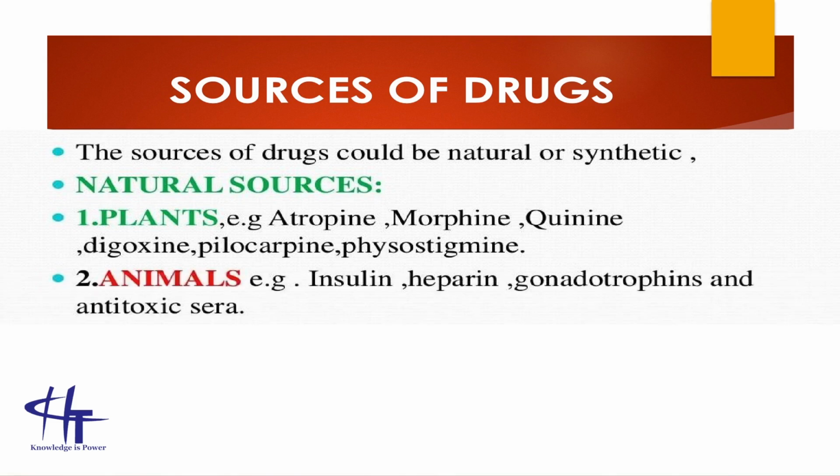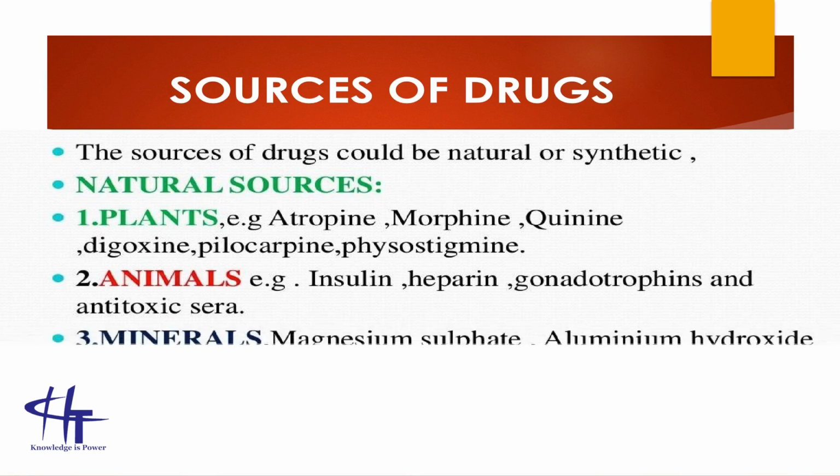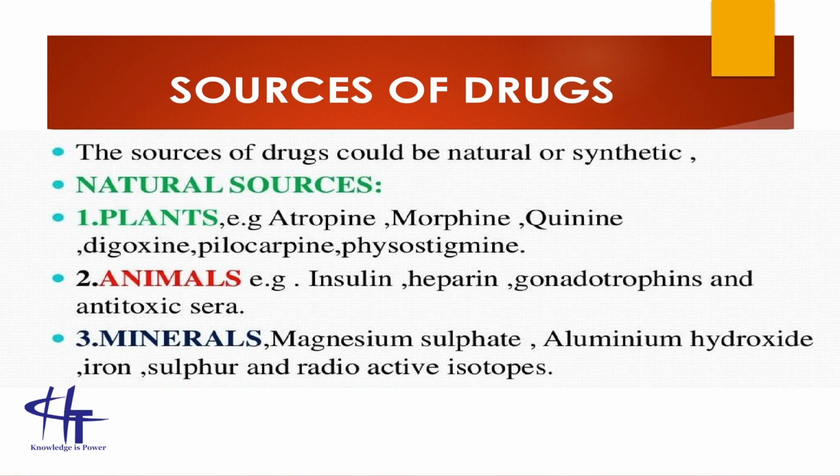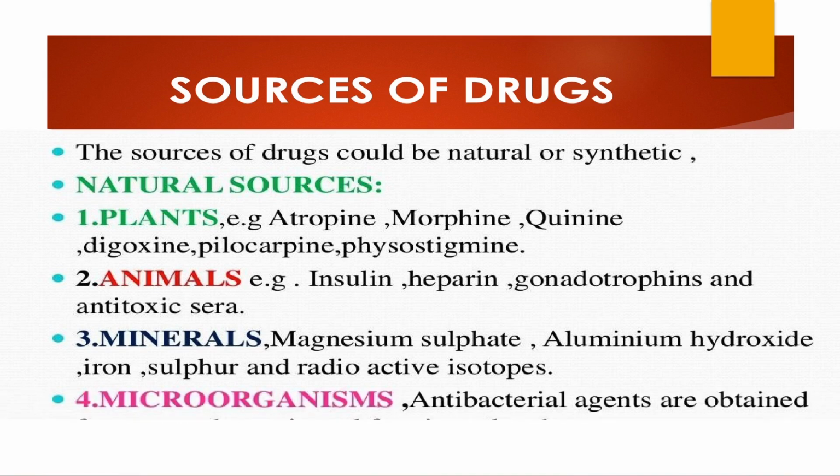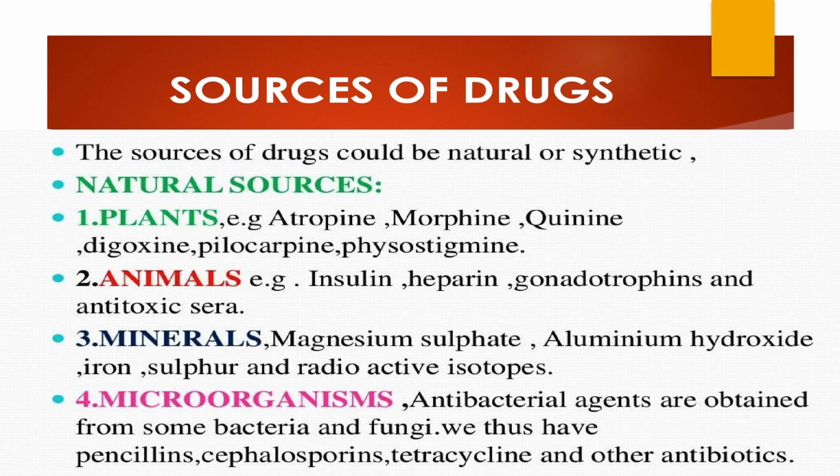Animals are another source where we get insulin, gonadotrophins, and antisera. Minerals are another natural source, and so we can get minerals like magnesium sulfate, aluminium hydroxide, and most of these minerals that are used as supplements, like for example iron. We also have microorganisms, like for example antibiotics.